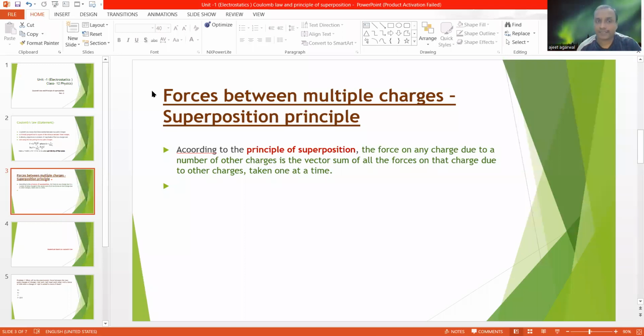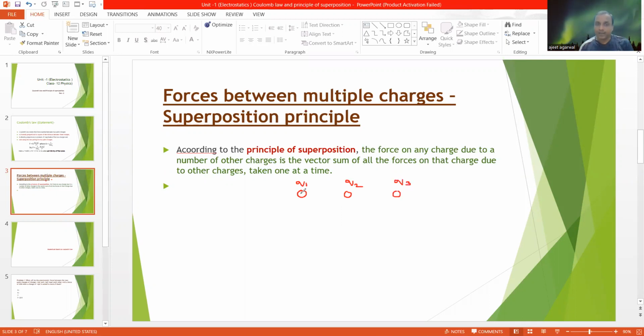Next topic of this class is force between multiple charges. That is the superposition principle. Then what is given in this principle? It is said that if you have a few charges like Q1, at some distance there is Q2 and another Q3.